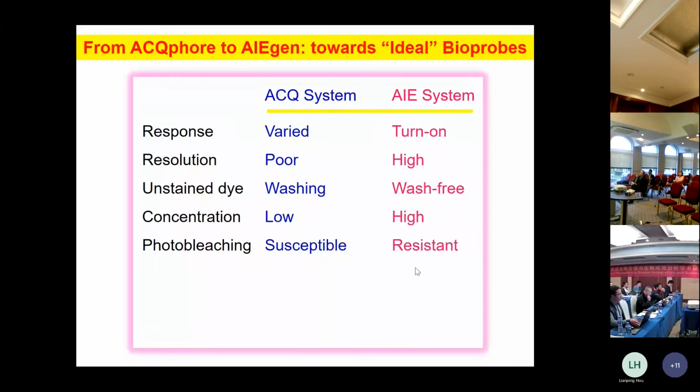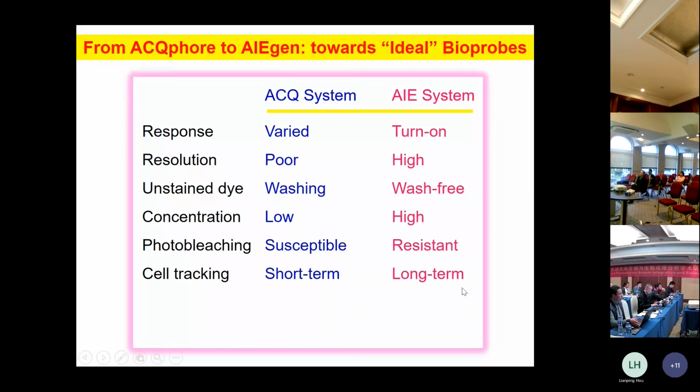When you use a very strong laser beam to irradiate these few molecules in air, you will induce photooxidation and decompose the molecules. But our AIEgen is a kind of nanoparticle. So you can bleach the molecules on the surface, but inside we still have hundreds, thousands of molecules to emit light. That is why our photostability is really good.